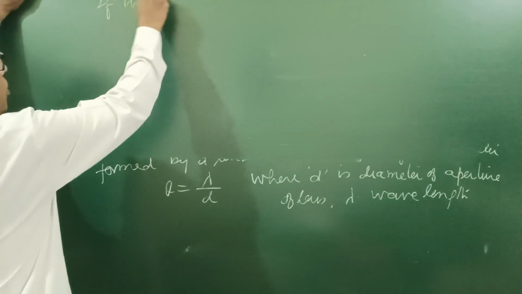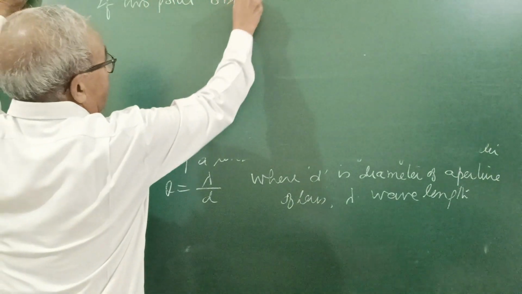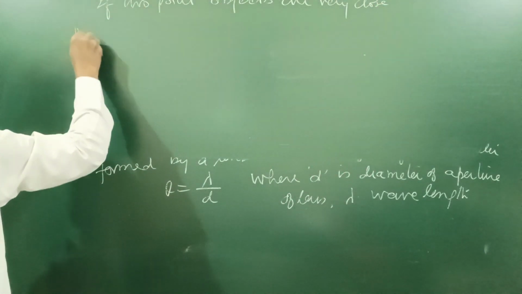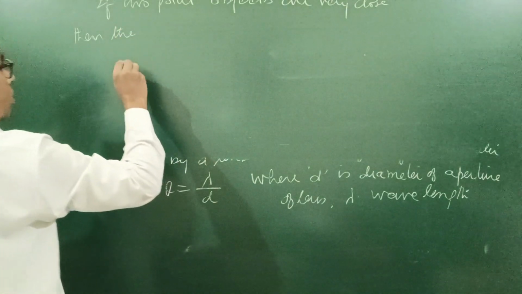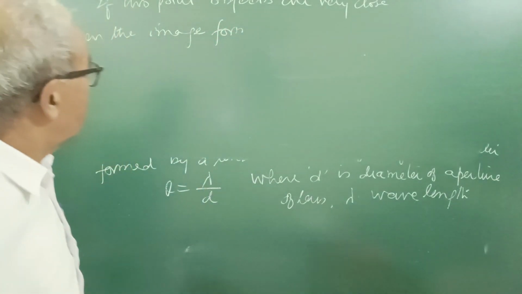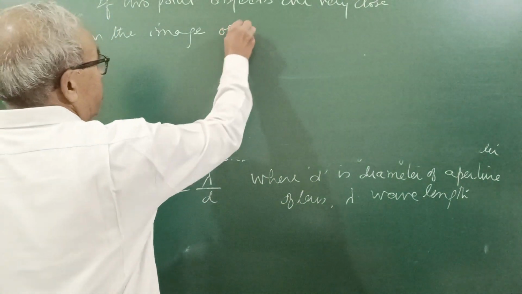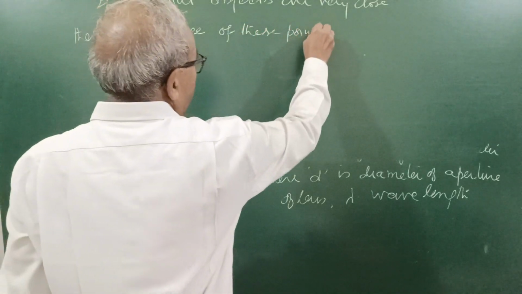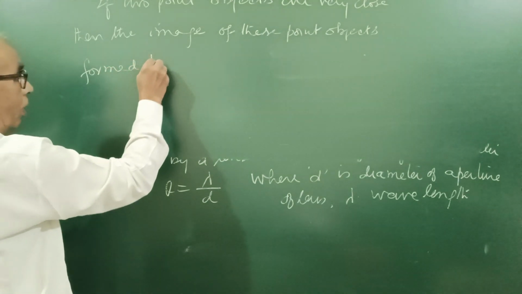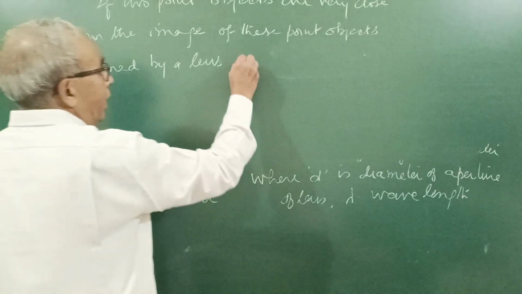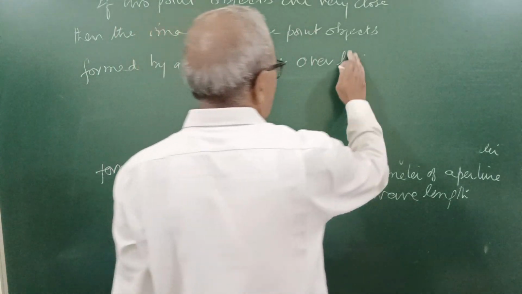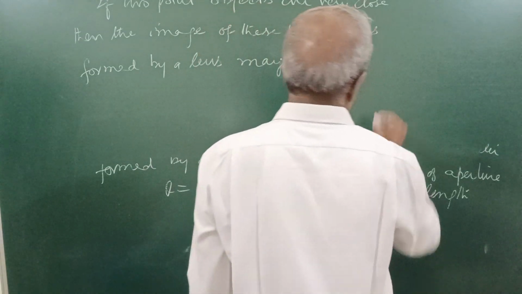If two point objects are very close, then the images of these point objects formed by a lens may overlap each other.